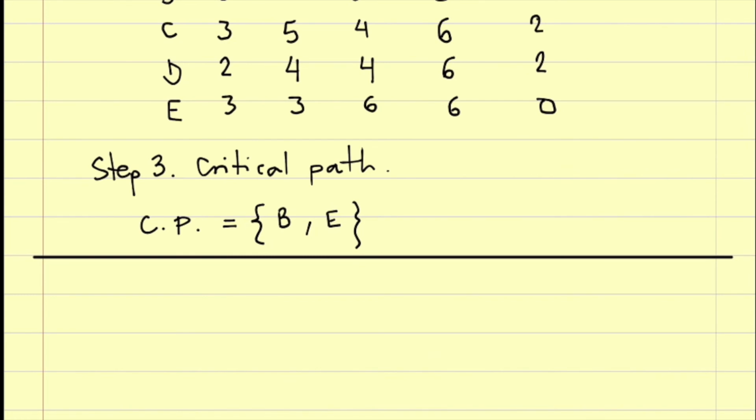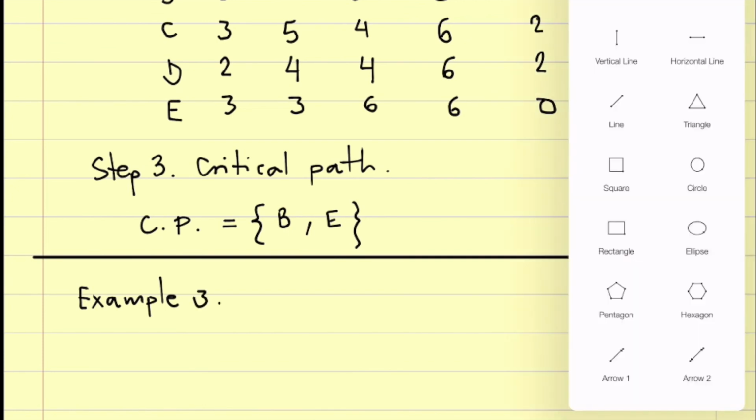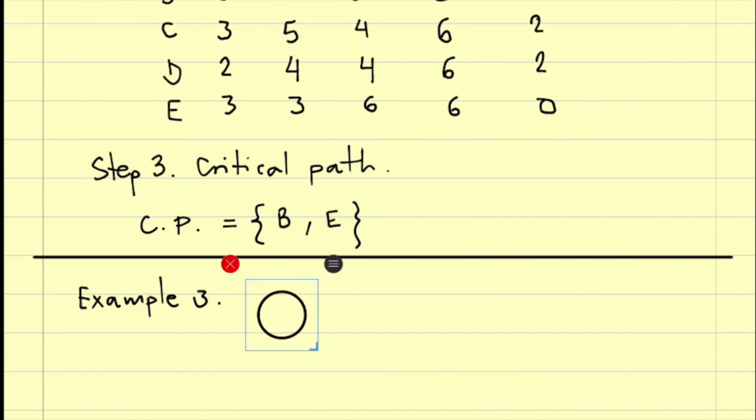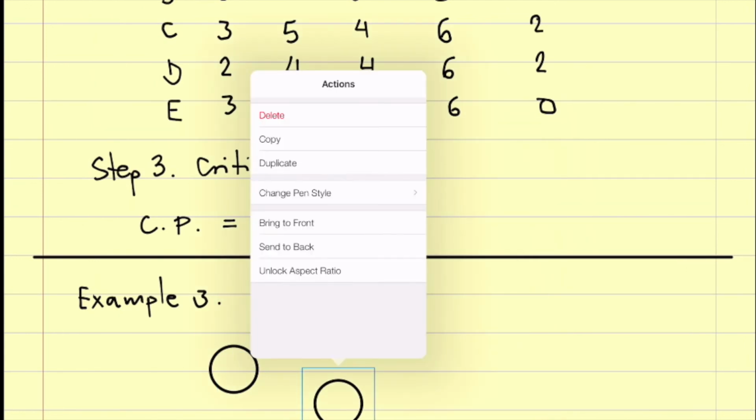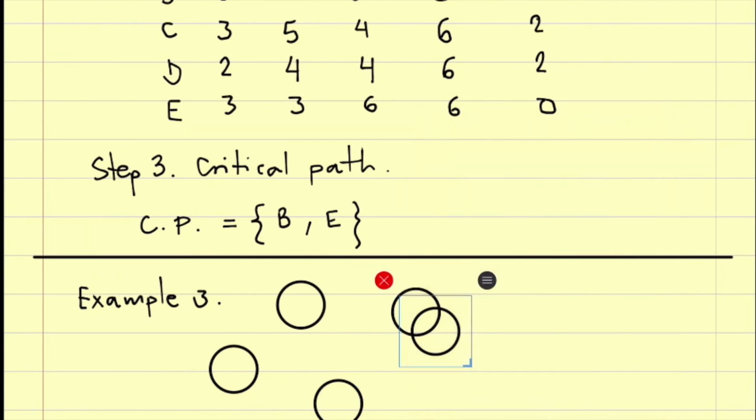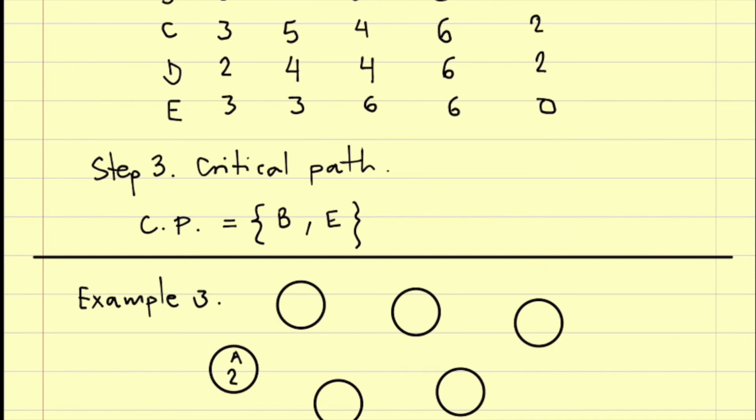So, another example. Given this graph of a project, A with duration 2, B with duration 3, Z with duration 1, D with duration 2, E with duration 3, and F with duration 2.